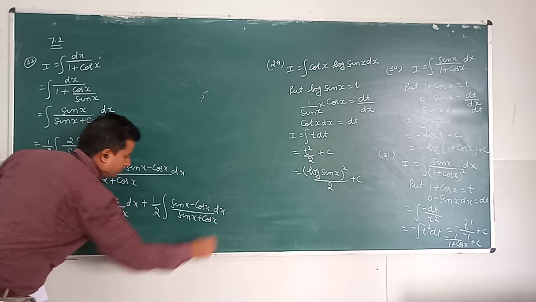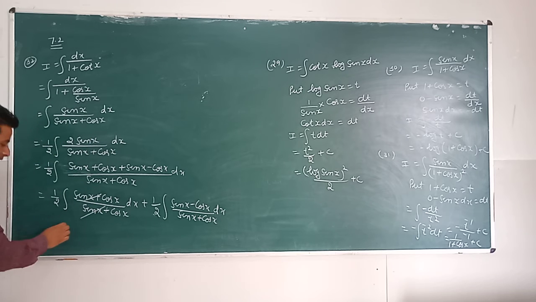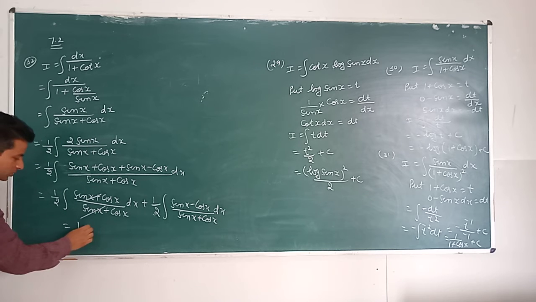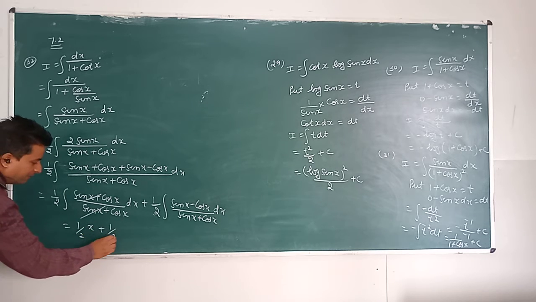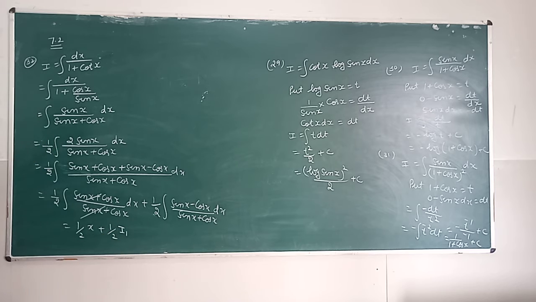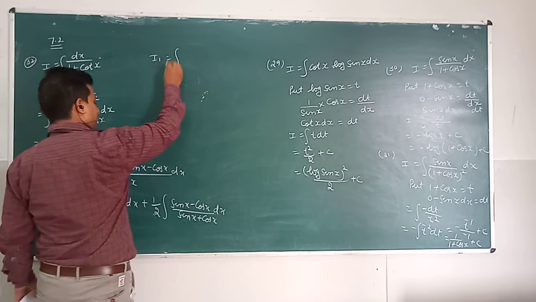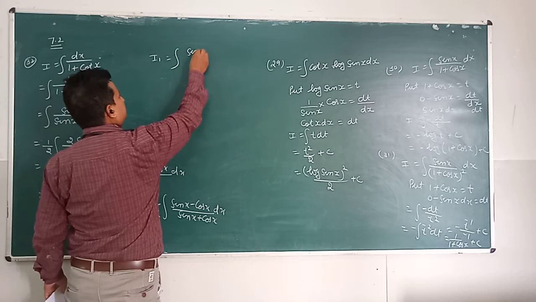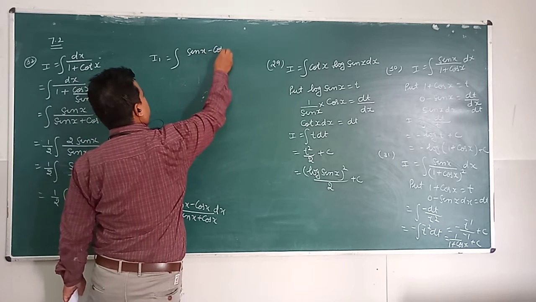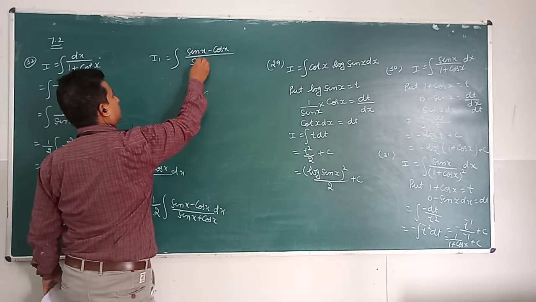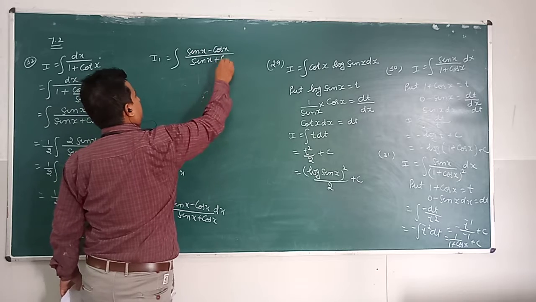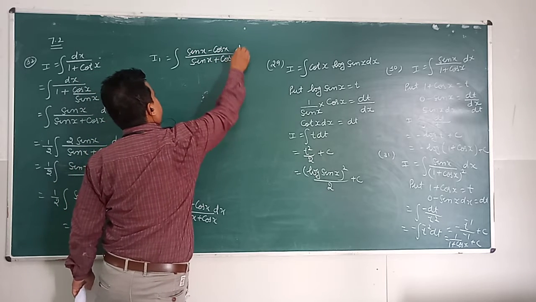This is the important step. These two cancel out. Integration of dx is x, and we write the other part as I1 and integrate it separately, that is sin x minus cos x upon sin x plus cos x.